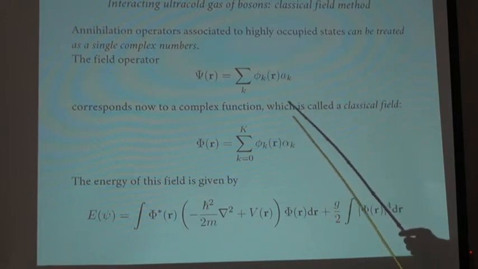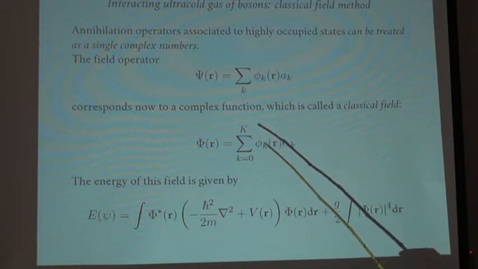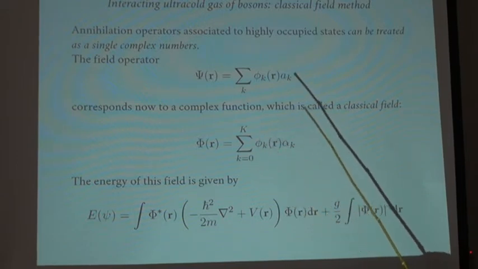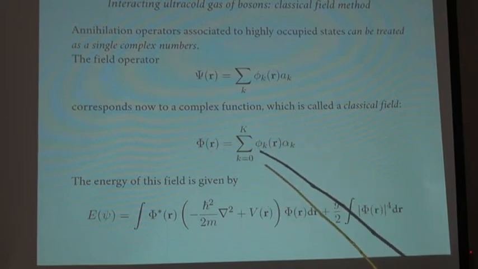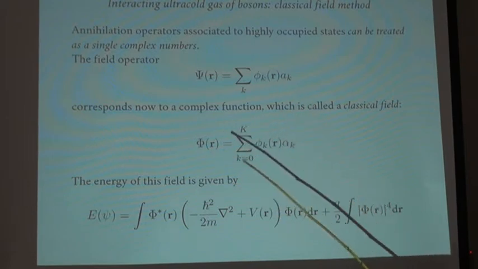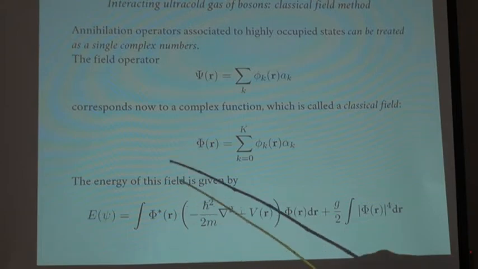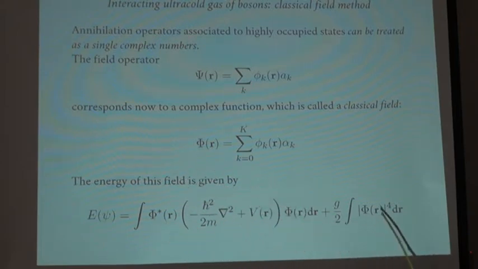So instead of a field operator, now we have a single-valued complex function, which we call the classical field. And the energy of this field is given by this functional. Here we have the kinetic term, the potential, and here we have the coupling of contact interaction.